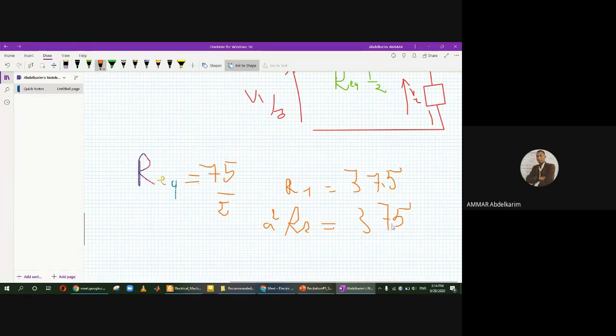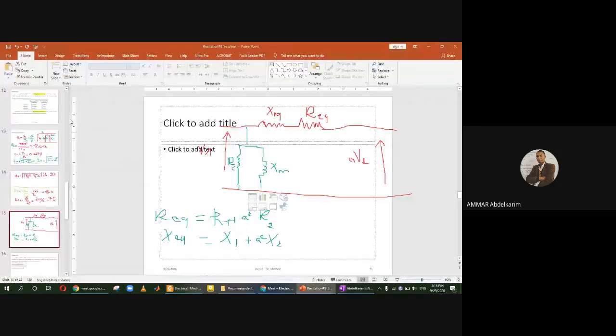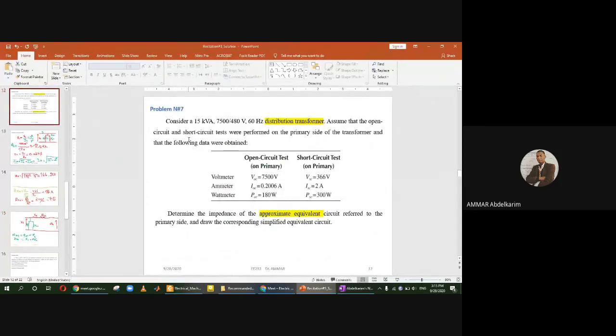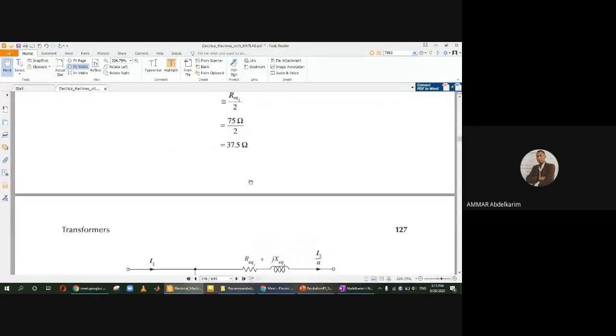Then we can find R2 from the turns ratio. R2 equals 37.5 over A square. A equals 7,500 divided by 480, so it's almost 15.